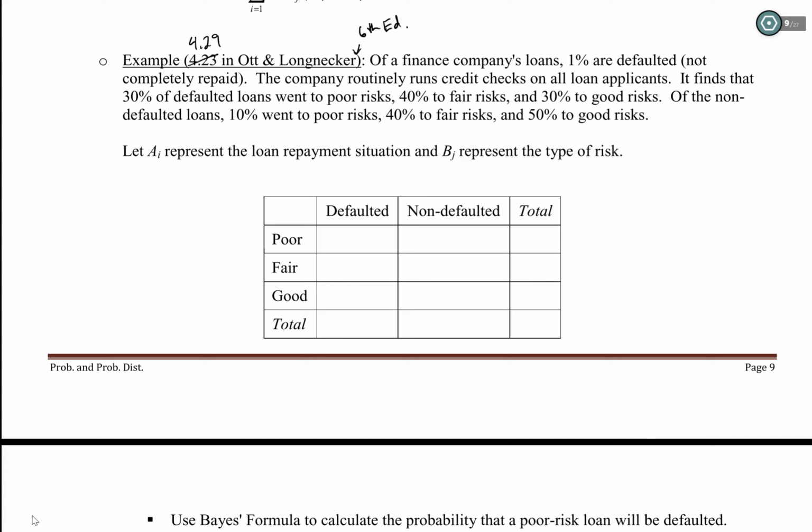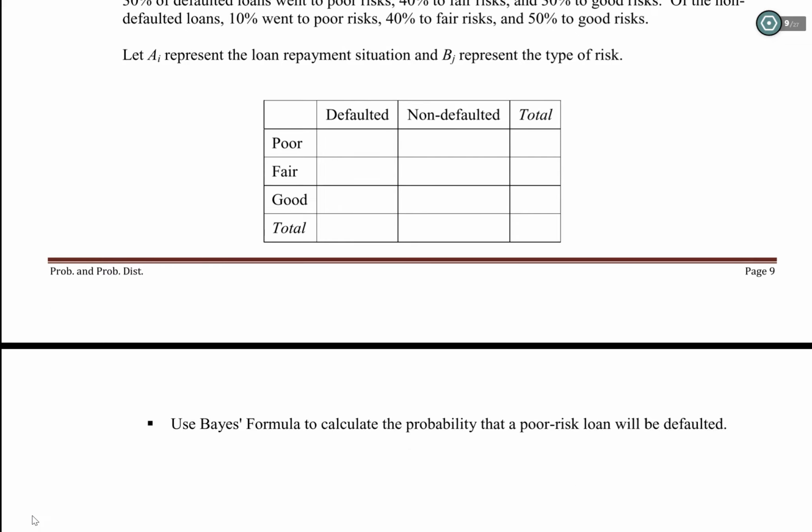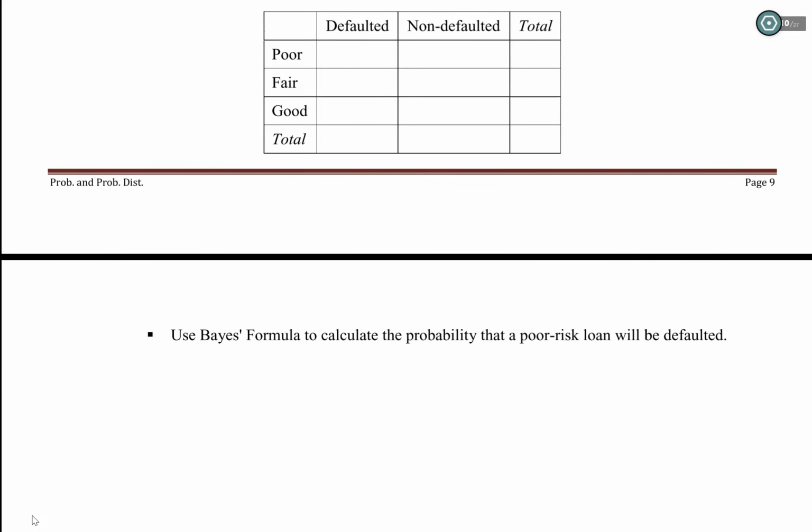Banks have to make decisions about loaning out money, and they make them based on the type of risk a particular person is, so we're going to look at this kind of situation. If you think about what a bank might want to know, if somebody is a poor risk loan, maybe we should say a high risk loan, but the language here is a poor risk loan, what is the probability that that loan will be defaulted?